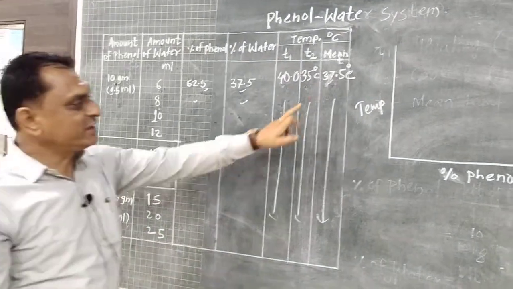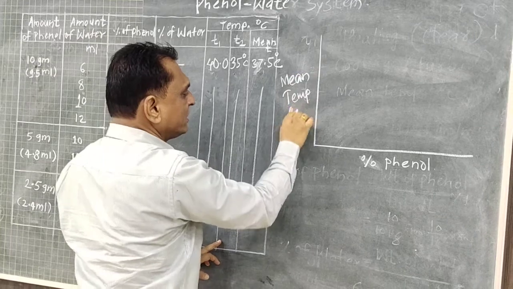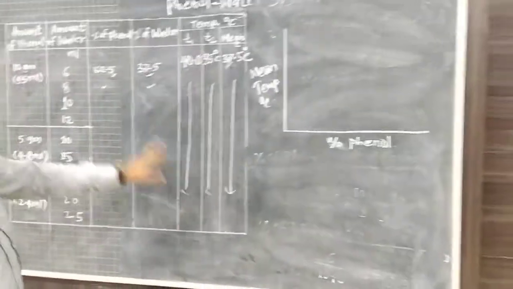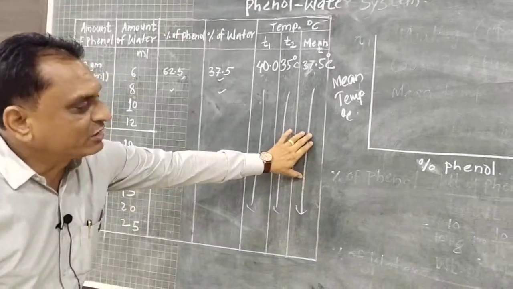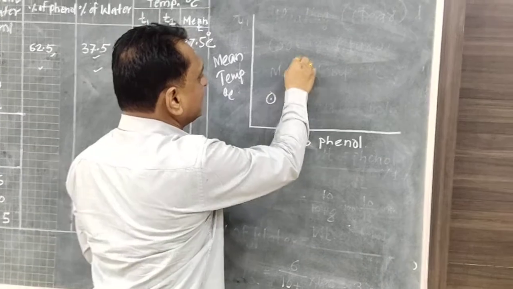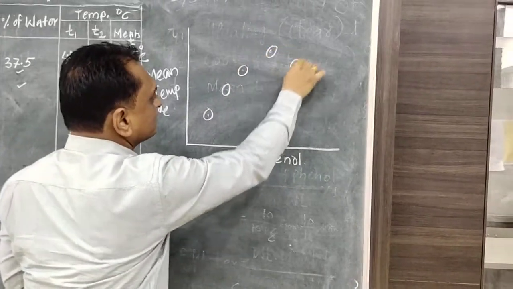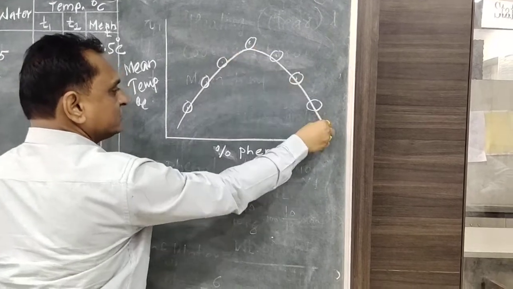Percentage of phenol is this column and temperature is the mean temperature, in degrees Celsius. Likewise, we have to plot the graph with the mean temperature. The points are like this, and we have to plot the graph.